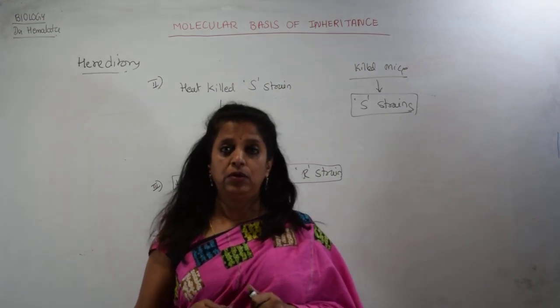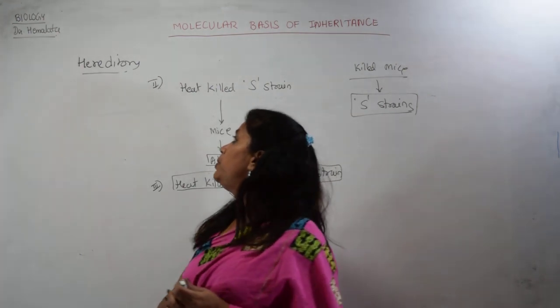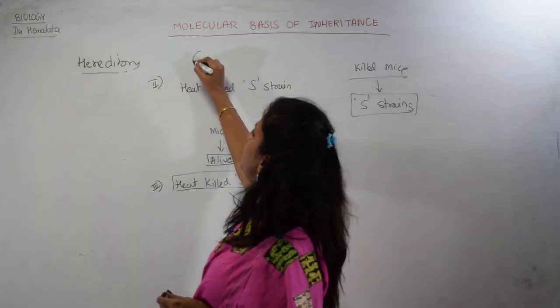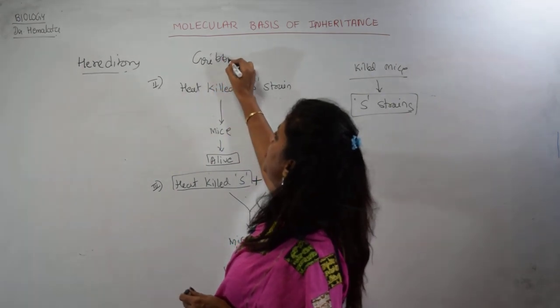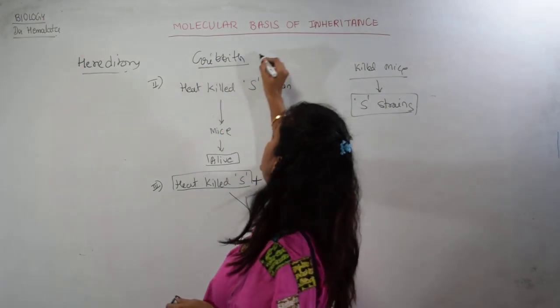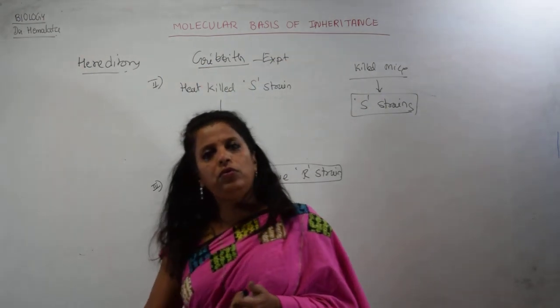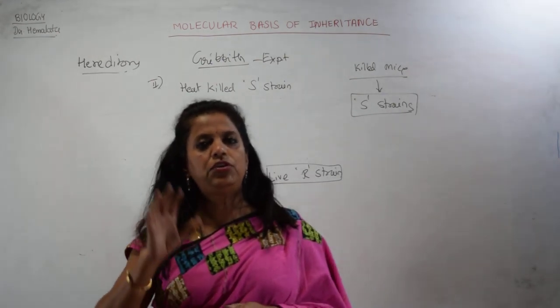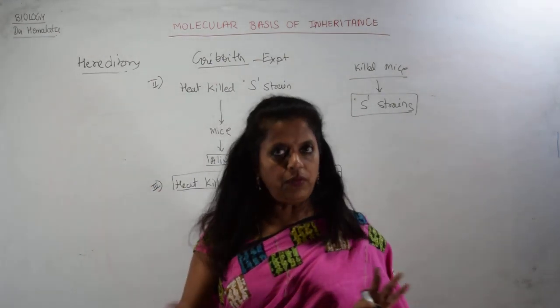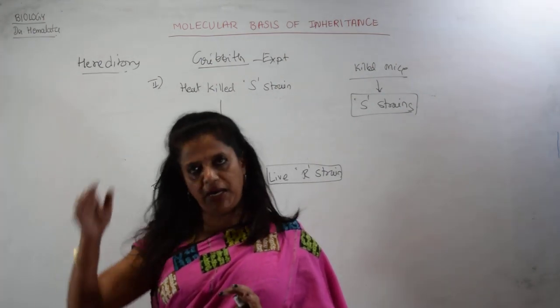That was the basic experiment. All these experiments are called Griffith's experiment. I'm sorry, earlier I might not have told you, I don't remember. So we call it the Griffith experiment. According to the Griffith experiment, the S strain is virulent, the R strain is non-virulent. It means the R strain will not harm, the S strain will harm and kill the mice.